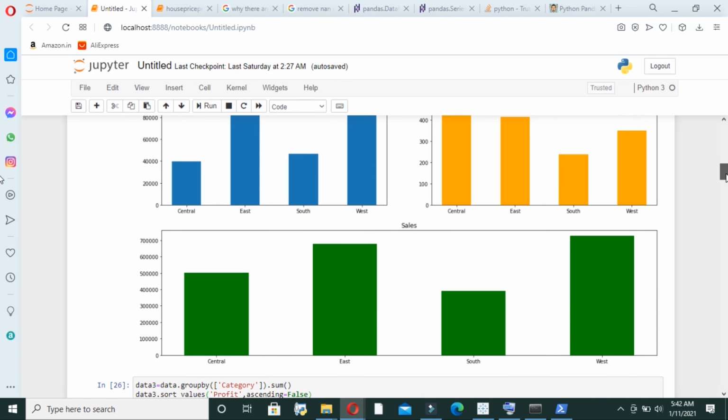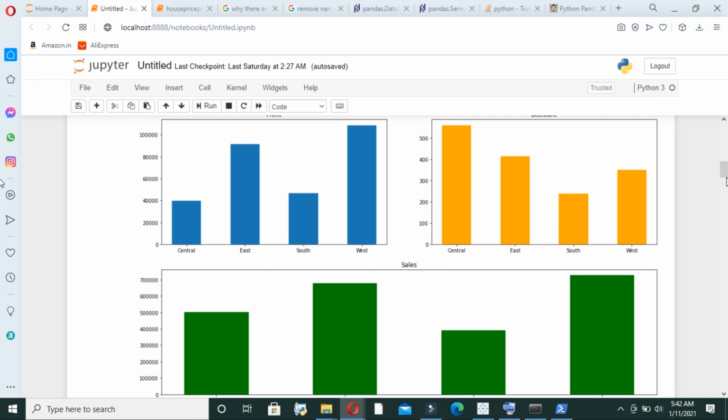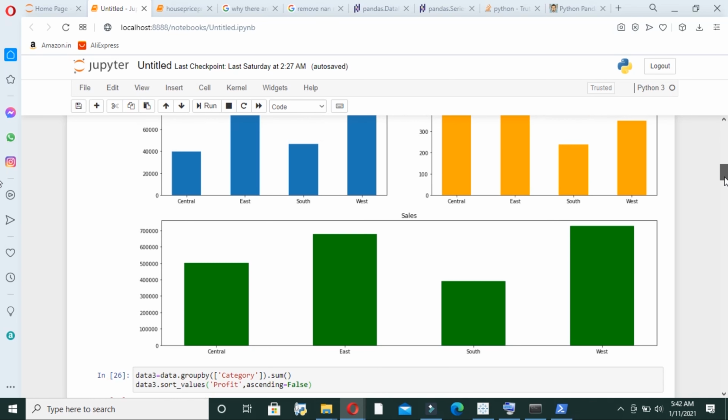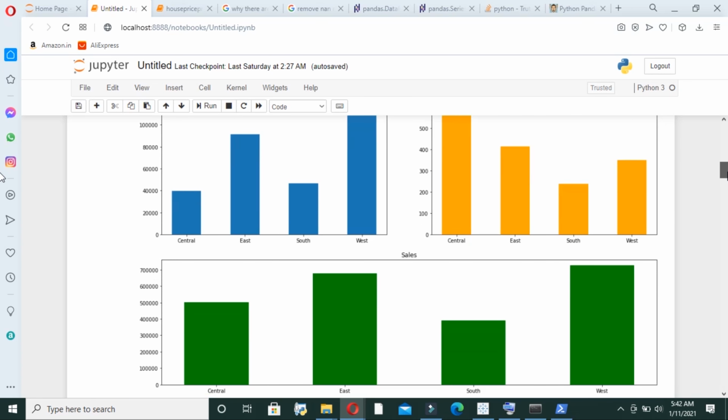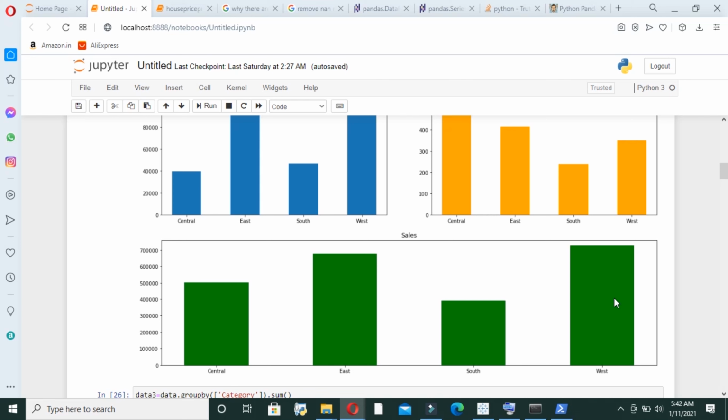Here you can see this green graph depicts the sales, this blue one depicts the profit, and this orange graph depicts the discounts. Most of the sales were done in the west region, then the east, then central, then the south.